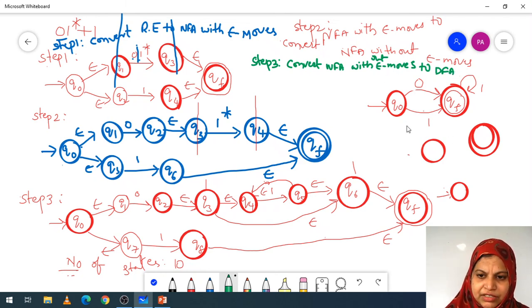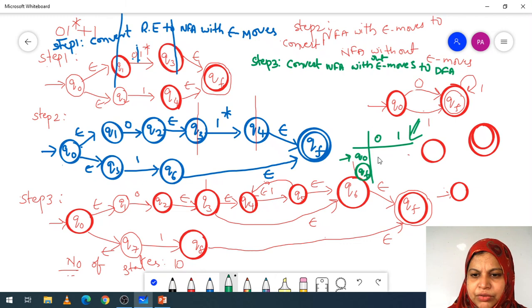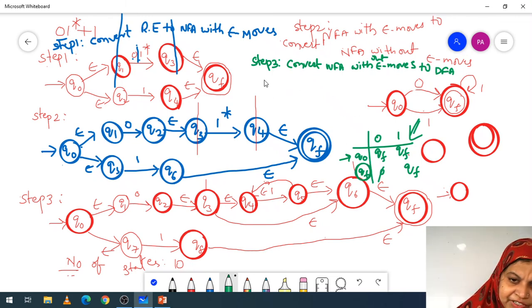How are we going to convert this finite automata? For this one, you have to write the transition table. Q naught is the initial state, QF is the final state. How many inputs? 0, 1. Q naught on 0 is QF, Q naught on 1 is QF, Q1 on 0 is phi, Q1 on 1 is QF. While converting any NFA to DFA, first we take the initial state, then if we get any new state, we have to continue the process.